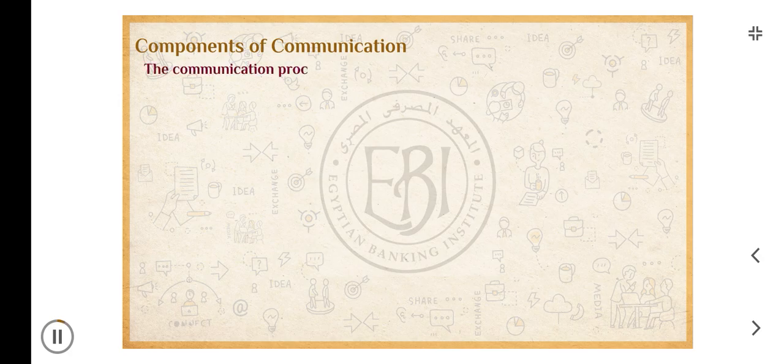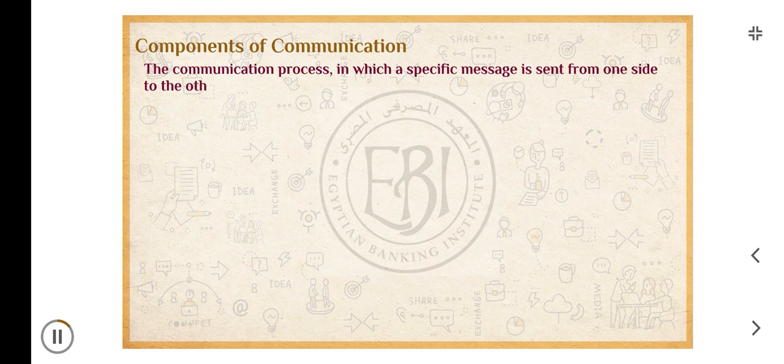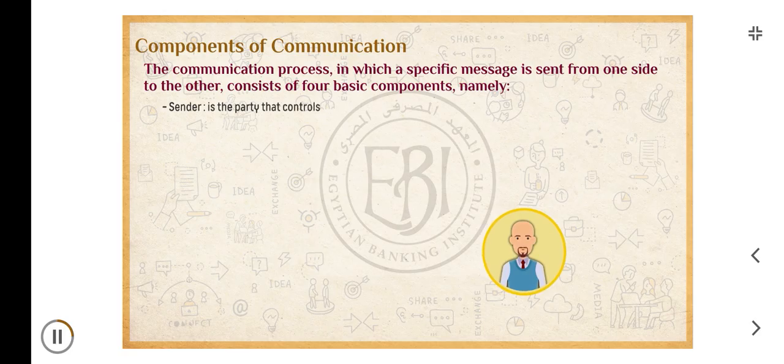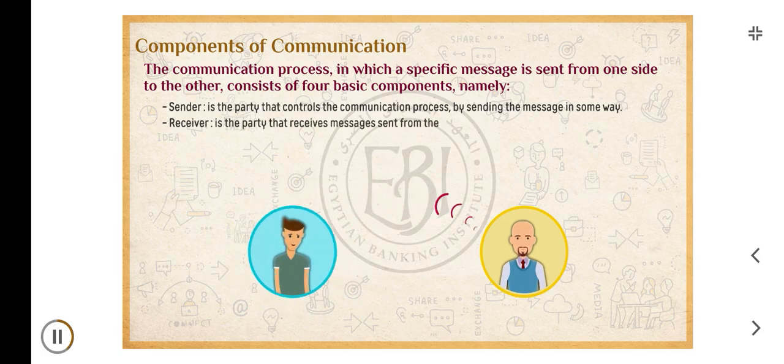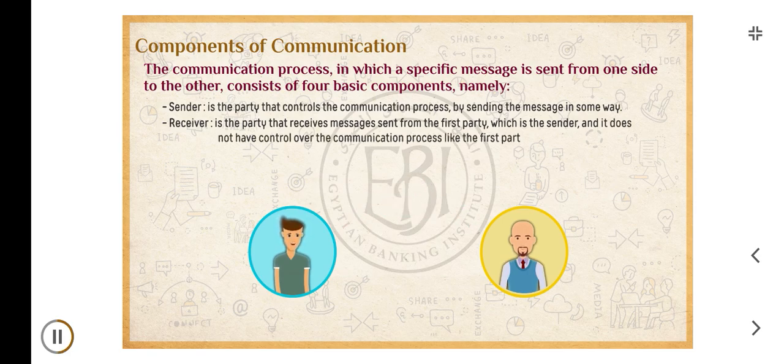The communication process, in which a specific message is sent from one side to the other, consists of four basic components, namely, the sender is the party that controls the communication process by sending the message in some way. The receiver is the party that receives messages sent from the first party, which is the sender, and he or she does not have control over the communication process like the first party.